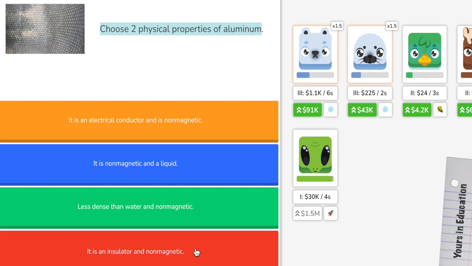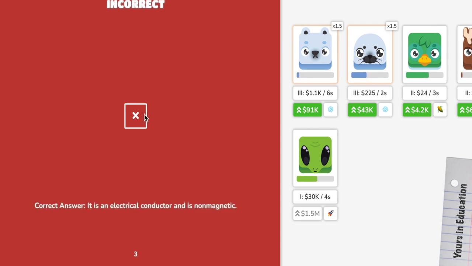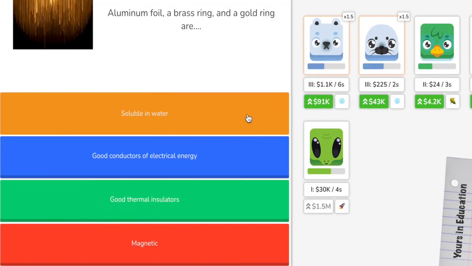Well, when I am cooking, I put aluminum foil and then I touch it and I don't get burned. So I'm thinking it's an insulator. Oh, what? It's an electrical conductor? OMG. Okay. Aluminum foil. Okay, there we go with the aluminum again.